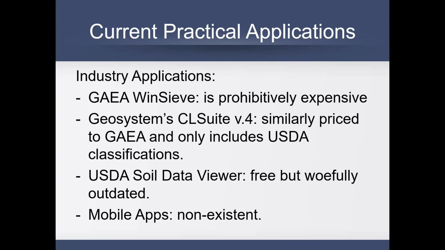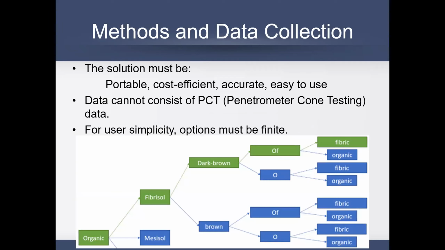The USDA soil data viewer is free, but it's outdated, and with mobile apps coming to the forefront in the last decade or so, those unfortunately are non-existent. Farmers, technicians, and engineers out in the field who want to take a soil sampling accurately cannot do that from their smartphone, tablet, or mobile device. So what should the solution to this problem be?